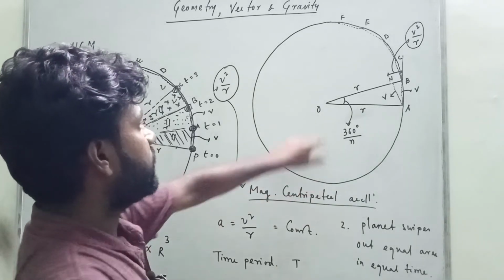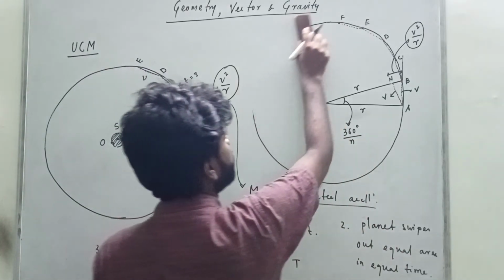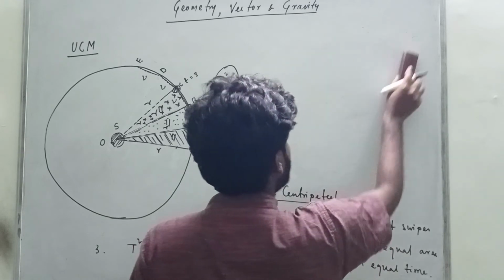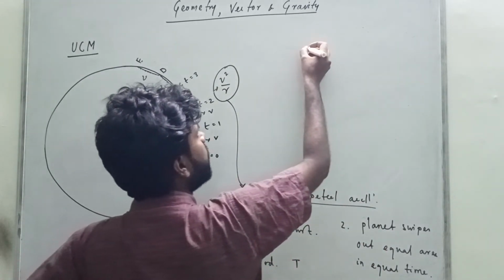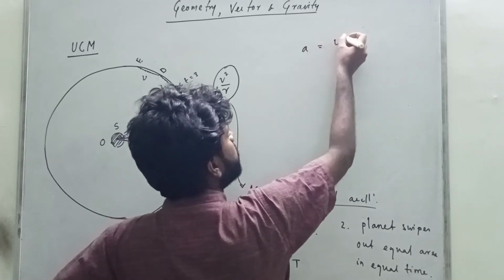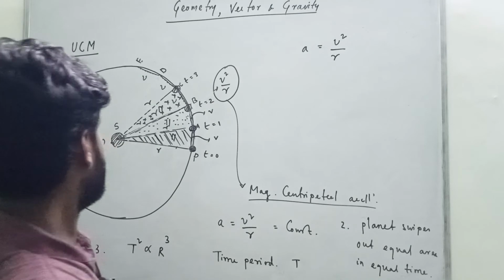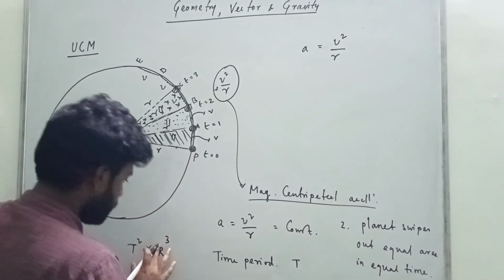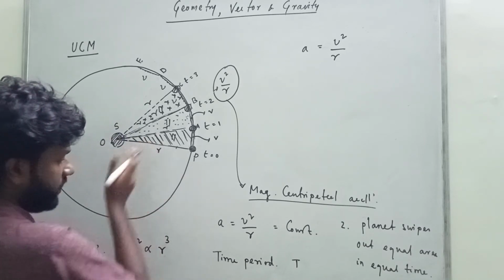So this thing is happening here, just the geometrical configuration. From the constant acceleration, that means a equals v squared by r, where r means the radius of this circle. Just take it smaller, for the similarity of our picture.